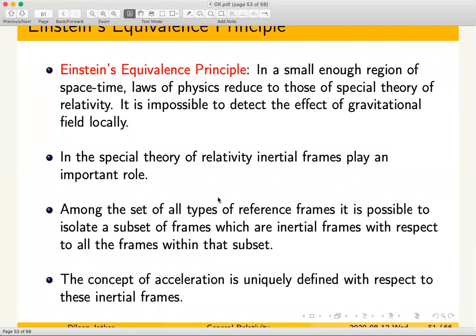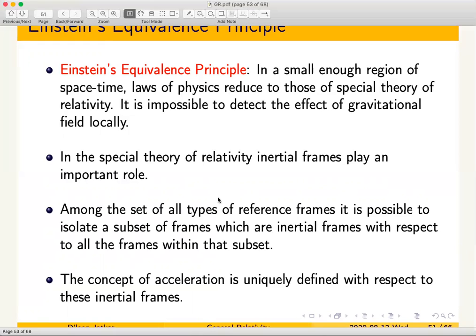Within that set you can find a subset where all the frames are inertial with respect to each other. Then you may have another subset, all of whose frames are inertial with respect to each other, but this set may not be inertial with respect to the second set.